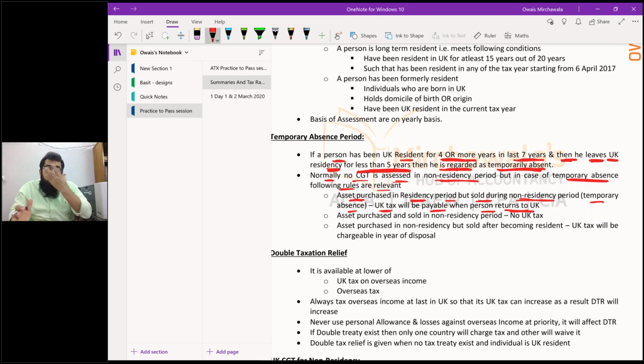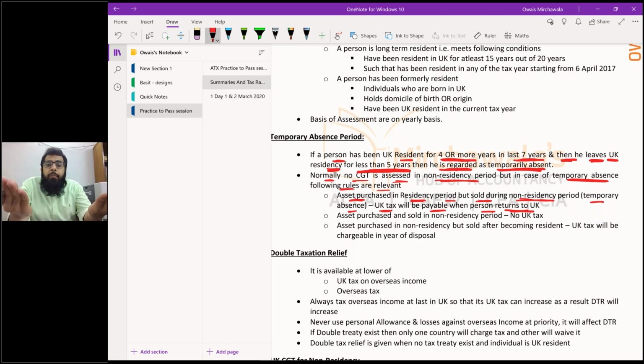When a person returns to UK, the situation is very simple. Tax department says that when you left UK, we will look at your wealth statement. When you return back, we look at your wealth statement.